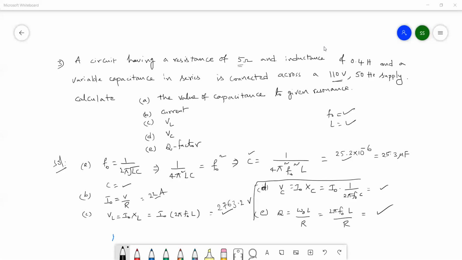Now tell me, what is the answer for VC? 2.76 into 10 to the power minus 3. No. You are making mistakes with your powers of 10. Your C value is 25.3 into 10 power minus 6. Sir, is it 2769.3? Good, very good. 10 to the power minus 4 and 27, how much? 2769.3.